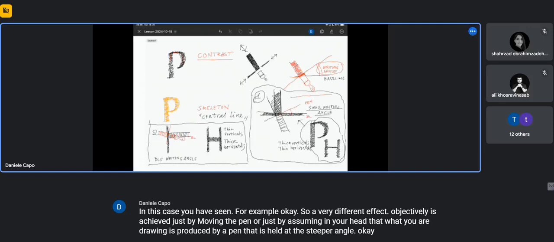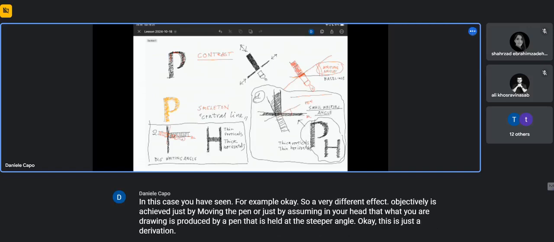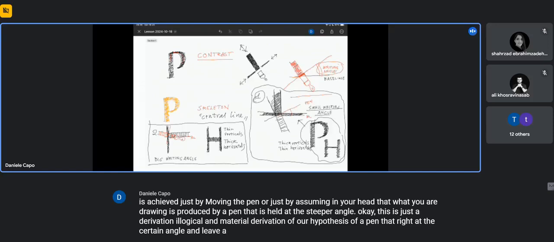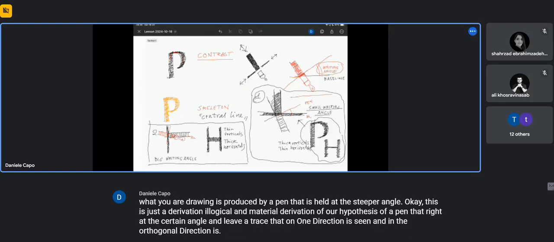Okay, this is just a logical and material derivation of our hypothesis of a pen that writes at a certain angle and leaves a trace that in one direction is thin and in the orthogonal direction is thick.